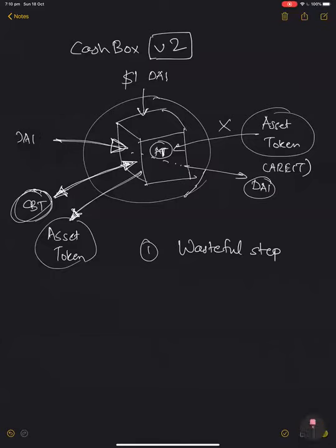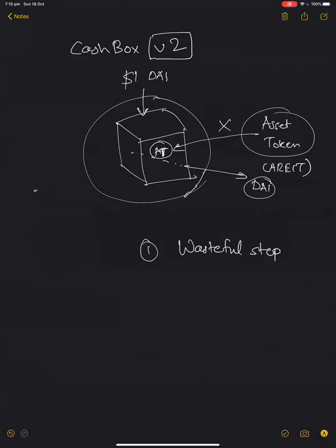So if there was no DAI in it, then you are simply prevented from putting in asset tokens, which means that you can't do anything with the CashBox until somebody comes there and puts in DAI.